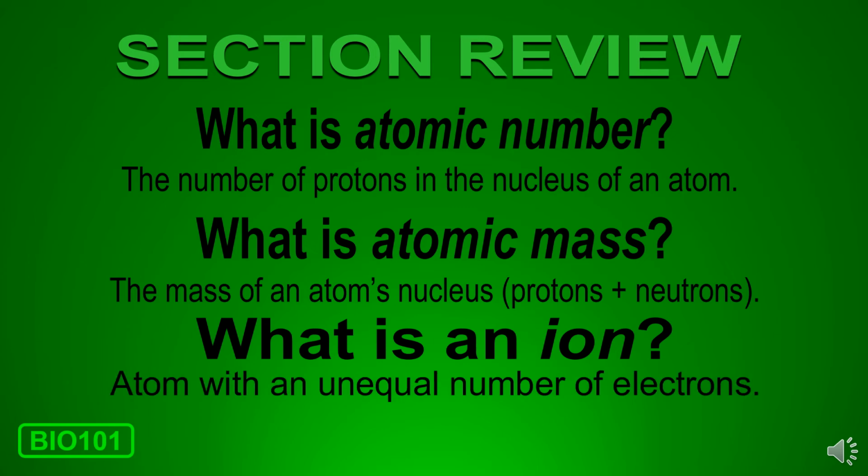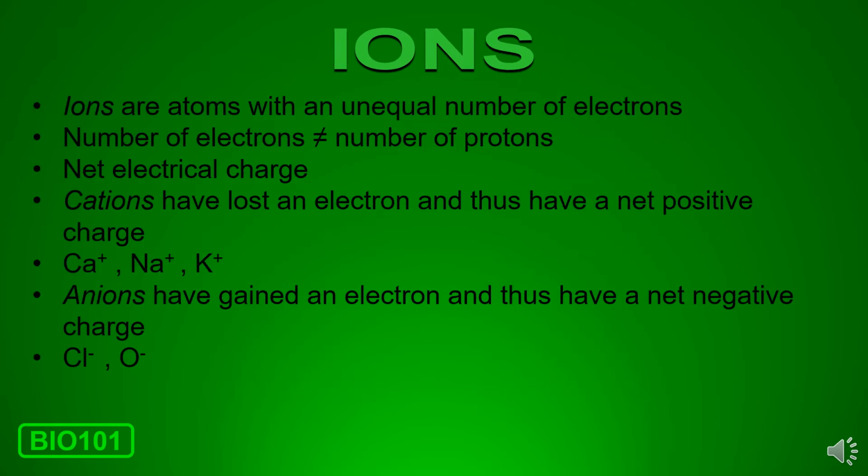That is an ion. So you might have 6 protons and 7 electrons. What's that all about? Call that an ion. So ions have a net chemical charge. We know that a neutral atom is neutral, it has a 0 electrical charge, but ions have an electrical charge. So ions are atoms with an unequal number of electrons.